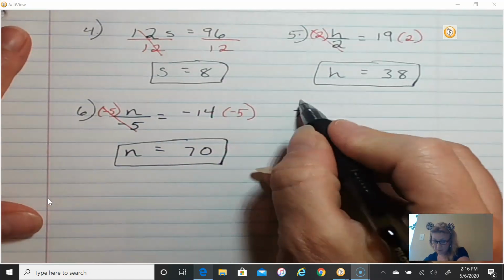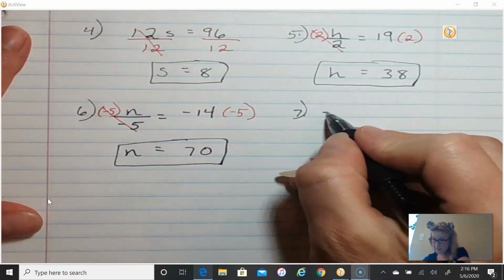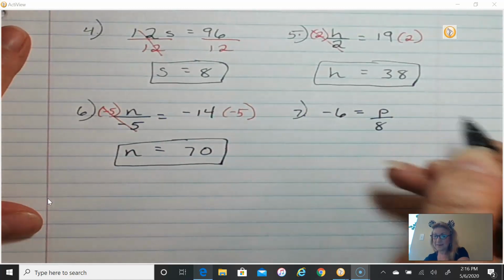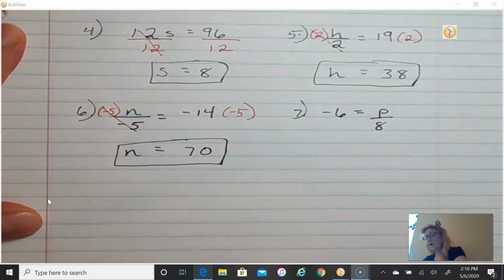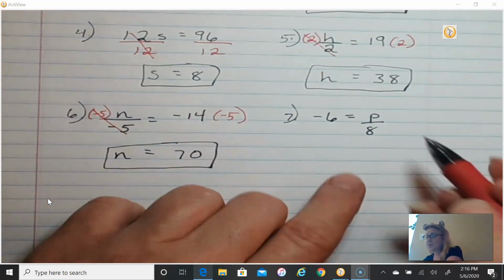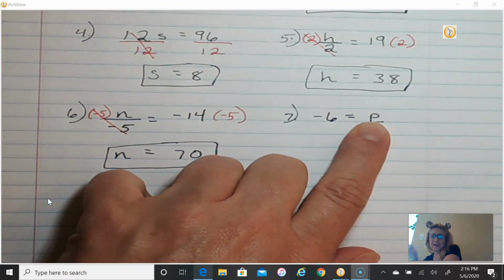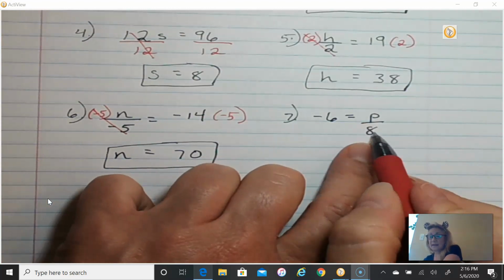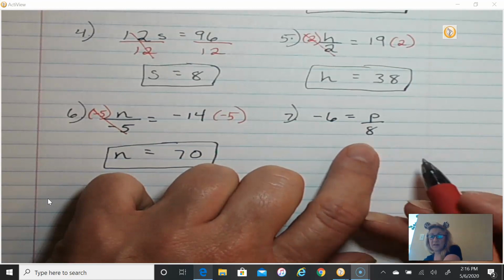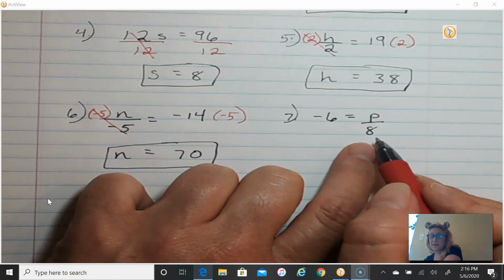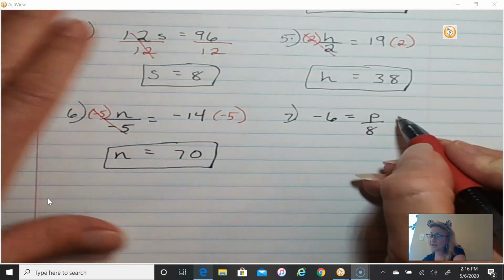All right, let's do another one. -6 equals P divided by 8. Okay, again, we're isolating the variable. We want P all by itself. We've got to find out, what is P? Well, we do that by getting rid of the numbers here, so we've got to get rid of the 8. If they're dividing, the opposite is multiplication.